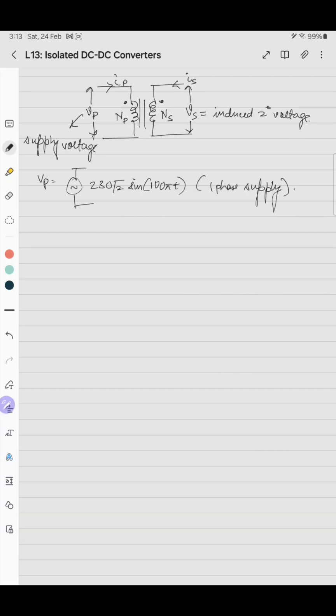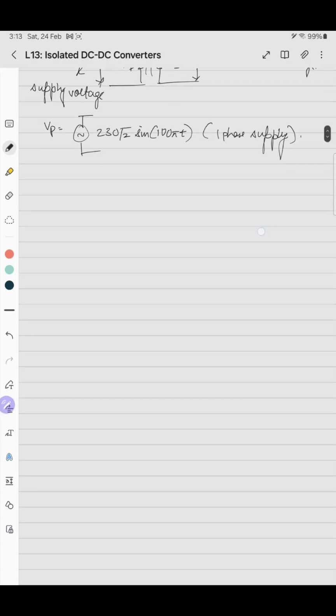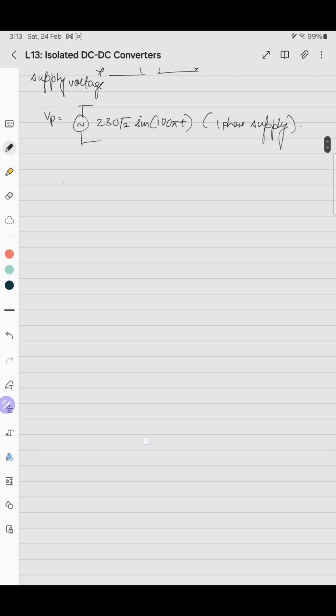If you draw the equivalent circuit of a transformer, this is Vp, this is Ip. A transformer draws a current.